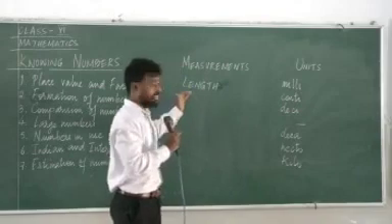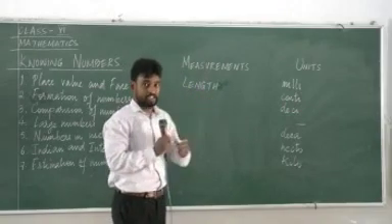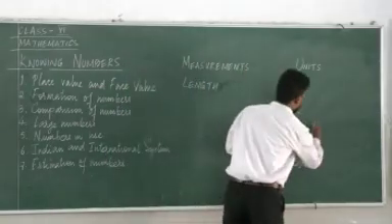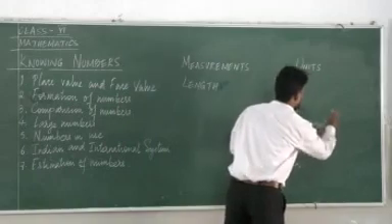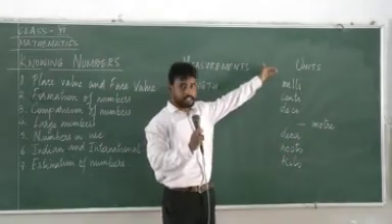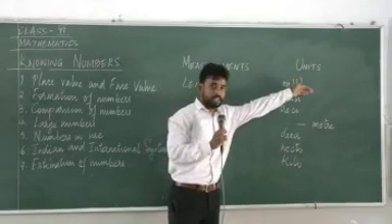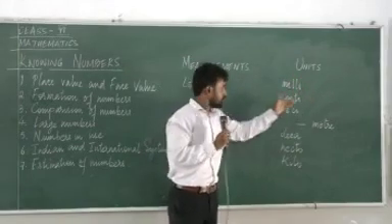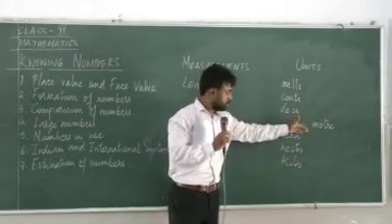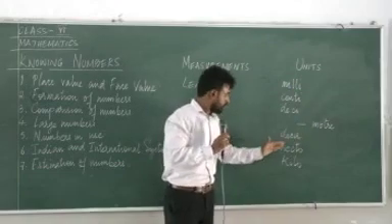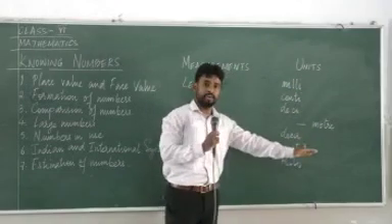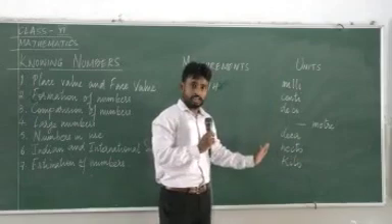Suppose we want to measure length. We know that length is measured in meter. So we'll write here meter. Similarly, all these units will become millimeter, centimeter, decimeter, then comes meter, decameter, hectometer and kilometer. So this is the prefix we'll use.